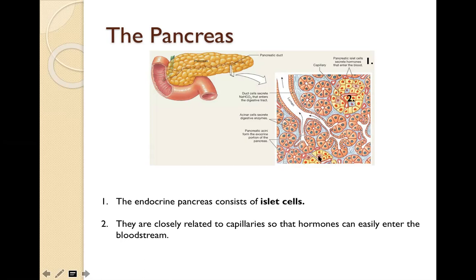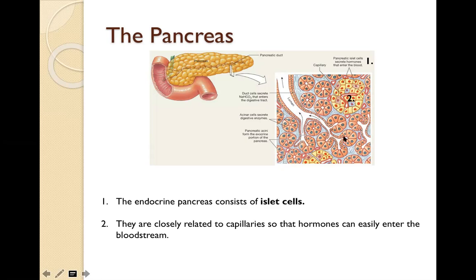And if you were to look at more regions of the pancreas that were magnified, you would see these groupings of these endocrine type cells scattered throughout. So again, they can't be separated anatomically. They're just sort of scattered throughout in a relatively random fashion.